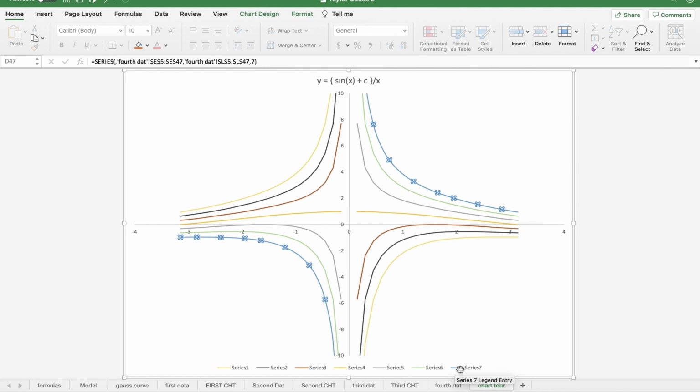The darker blue is for c equals 3. This is c equals 2, c equals 1, c equals 0. And you can see it's discontinuous at x equals 0. Now think about it. It's positive on both sides of 0. And so as you approach 0 from the left or from the right, it's going to go to positive infinity.